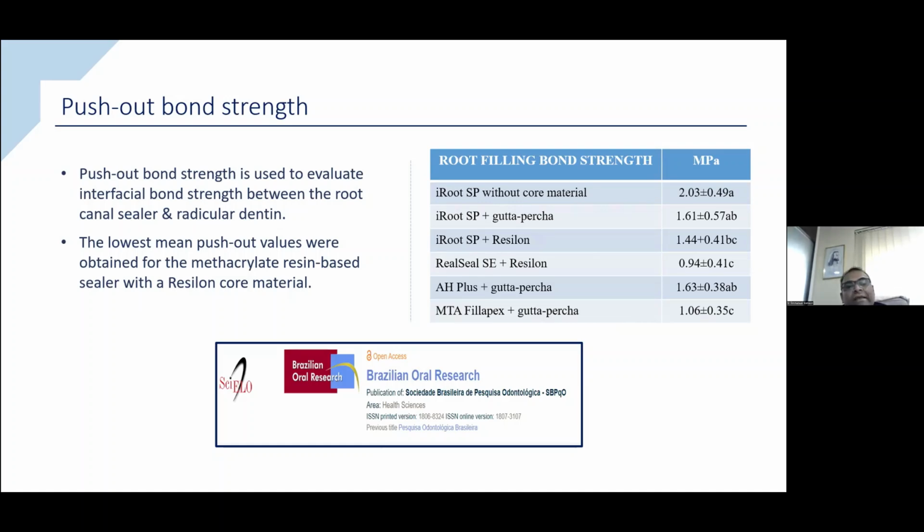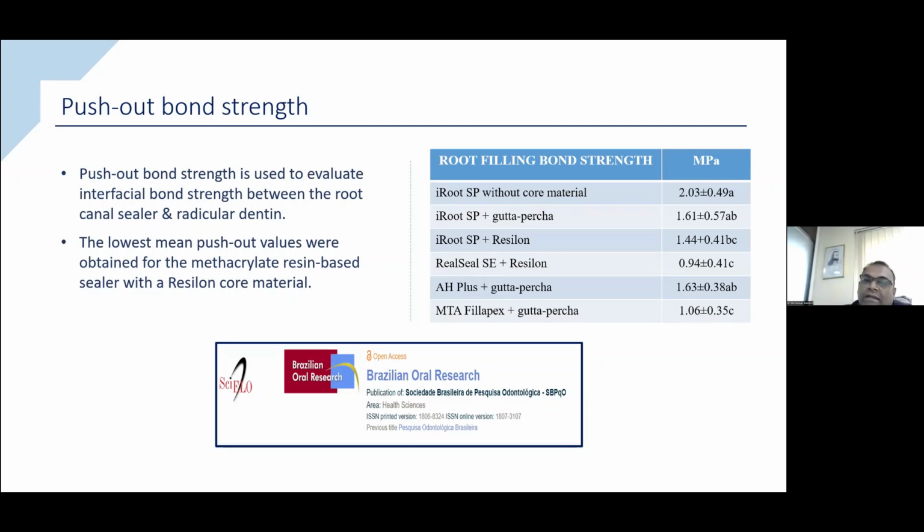Now, what exactly is push-out bond strength in the case of sealers? The push-out bond strength is used to evaluate the interfacial bond strength between root canal sealer and radicular dentine.